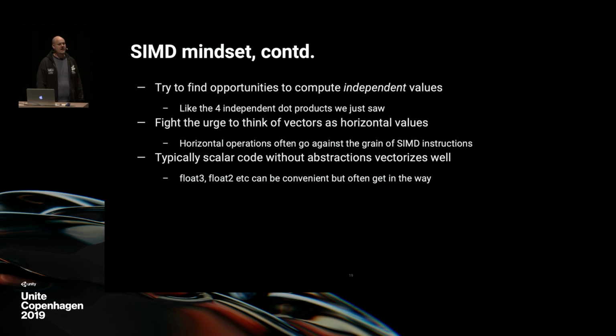Typically you'll find that if you break apart those abstractions, actually swim through them and see what's going on in there, and then lift them all the way up and try to express them using multiple independent components, it's going to be much easier to get the compiler to generate SIMD code for you. Now, I'm not saying you shouldn't use abstractions. That's not why I'm up here.